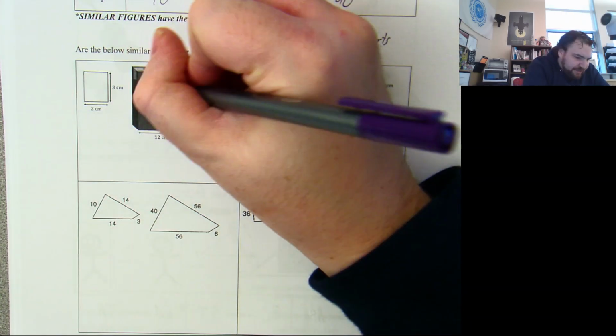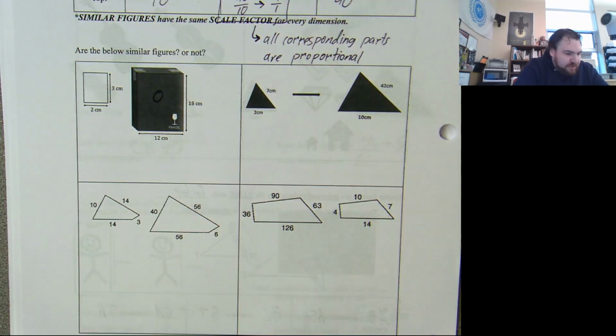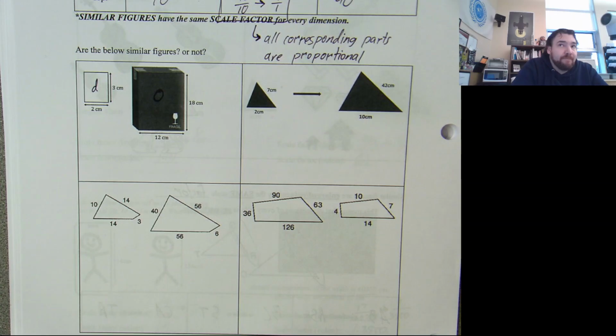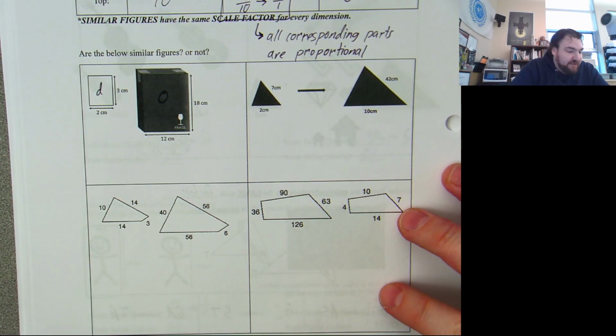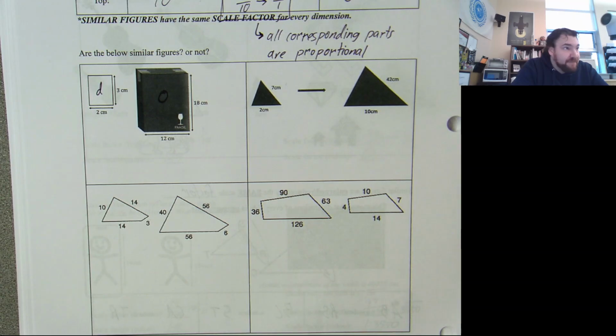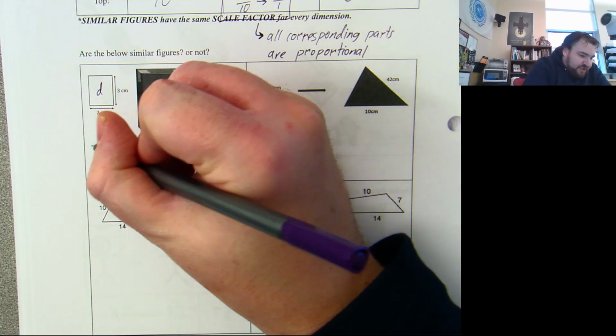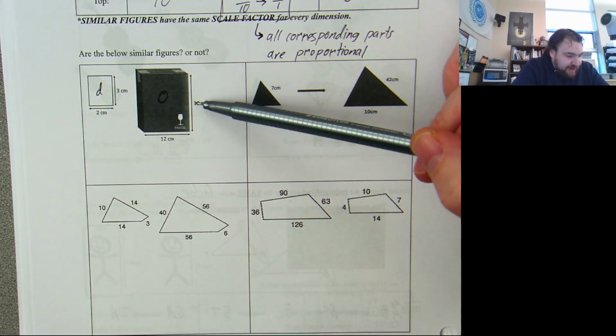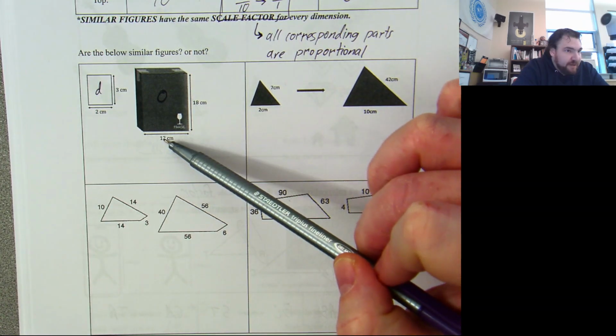So this is going to be our original. This guy over here is going to be the diagram. To see if they're similar, they need to have the same scale factor. So we're going to compare the dimensions on the right with the dimension on the right, and then the dimension on the bottom with the dimension on the bottom.